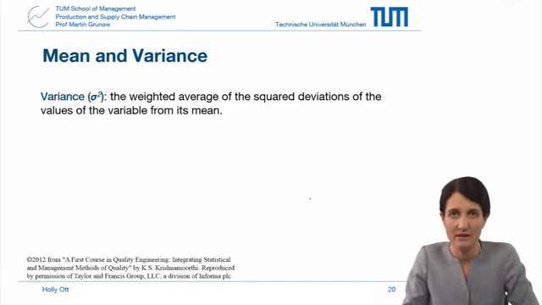The variance is the second important characteristic of a probability distribution. The variance is represented by the Greek letter sigma squared, and it's the weighted average of the squared deviations of the values of the variable from its mean. And it gives us an idea of how dispersed the distribution is about the mean. The larger the value of variance, the more variability there is in the distribution.